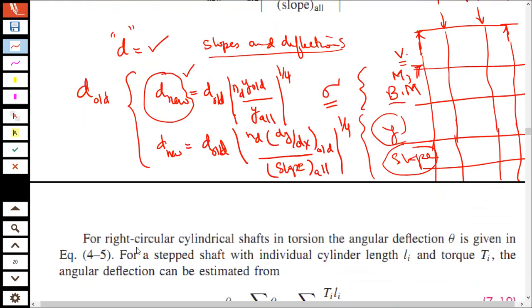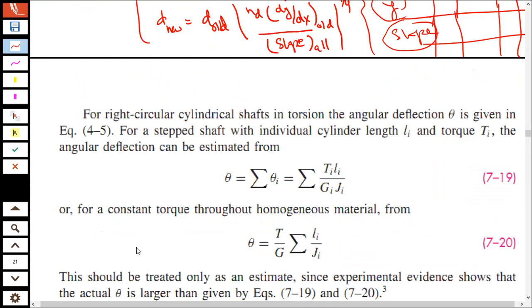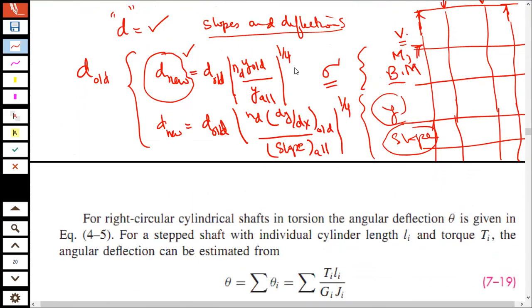Now, once you find the new diameter at any place, maybe you have a shaft that has not just one diameter, but the diameter has different sections. For example, for the sake of clarification, let's say your diameter is D1, D2, D3. So there are three sections in the shaft.